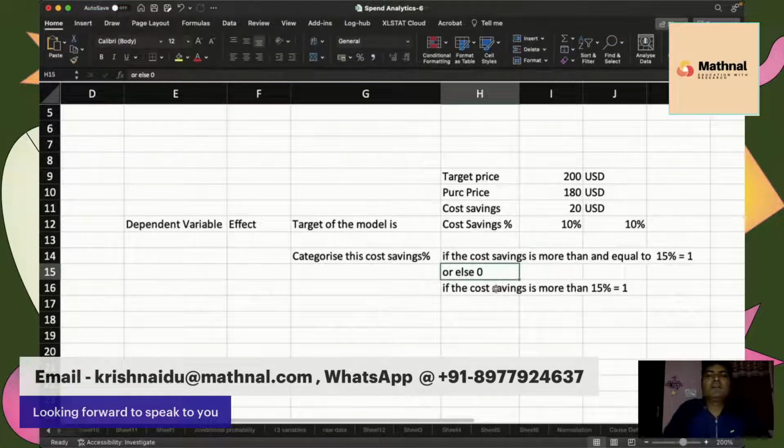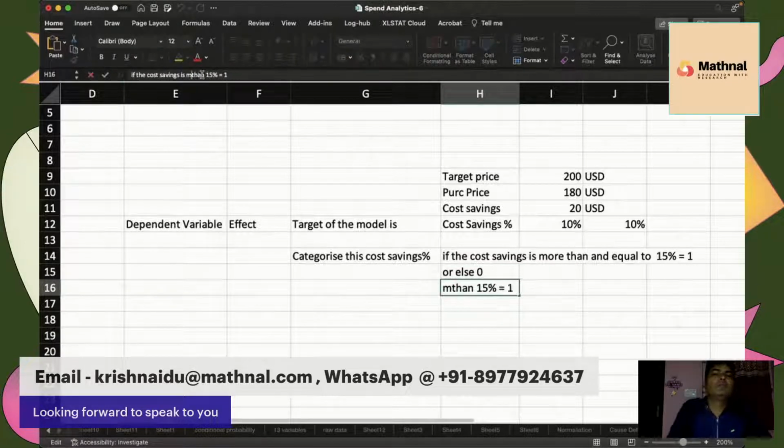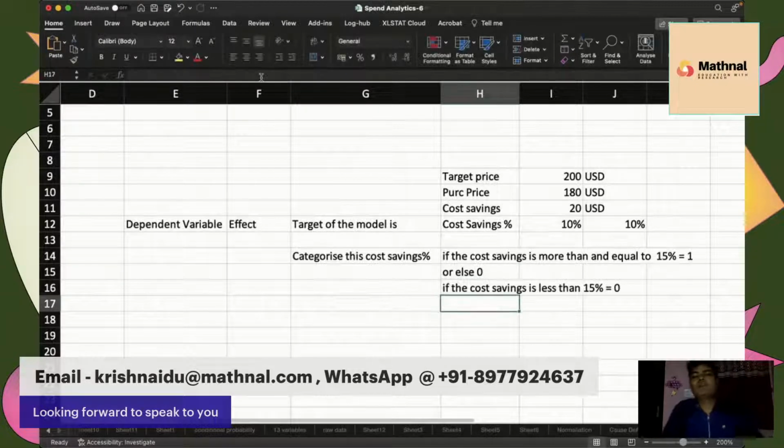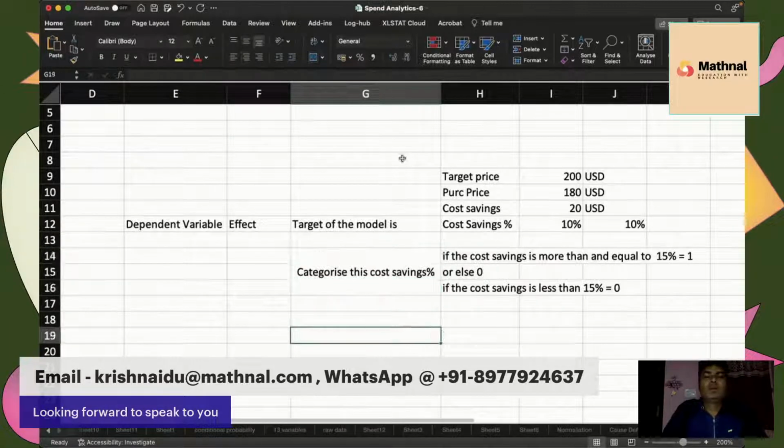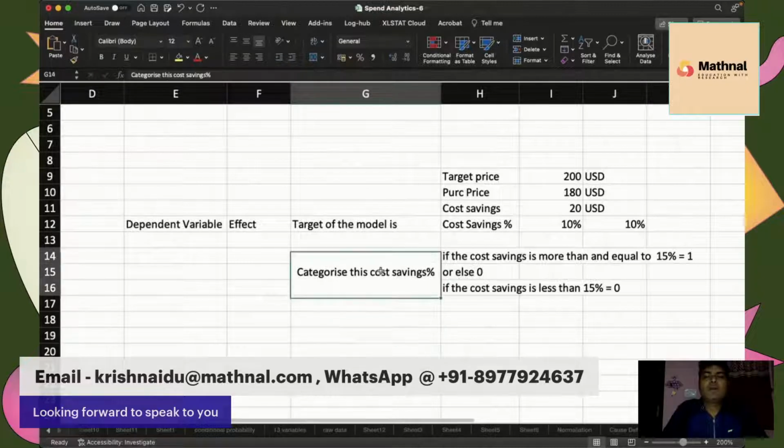If the cost savings is less than 15%, then we'll define it as 0. So this is all a categorical variable. We are converting our cost saving percentage into a categorical variable.